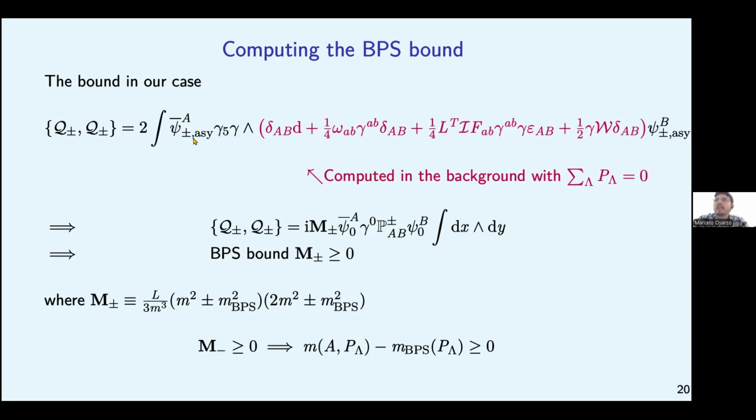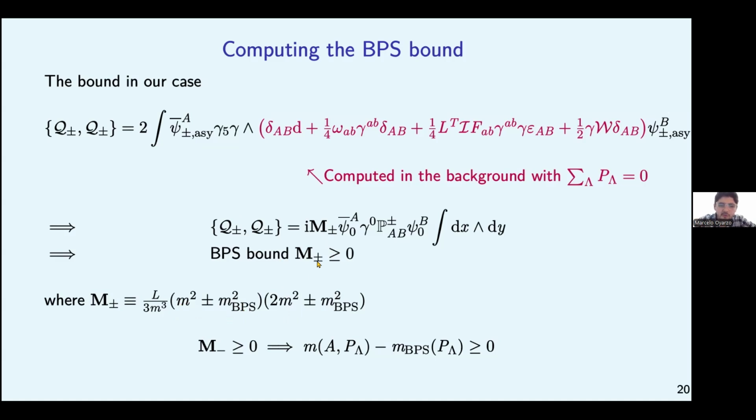goes through the full computation. The result is that the BPS bound is that this M plus minus must be greater or equal than 0. This is the BPS bound, where this M plus minus is defined as follows: small m plus minus this M BPS, that is the function that I define with this P lambda, a function only of the P lambda.